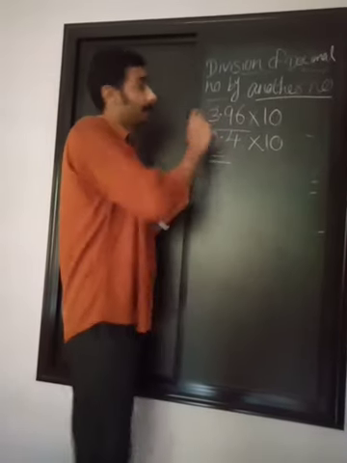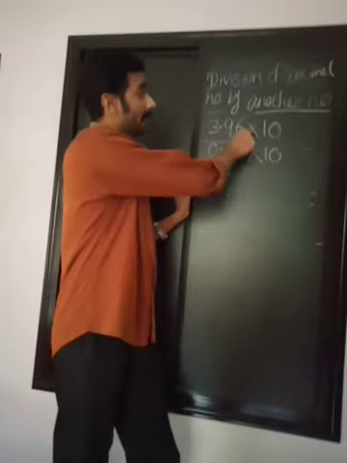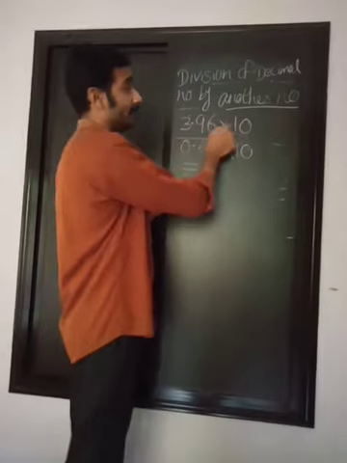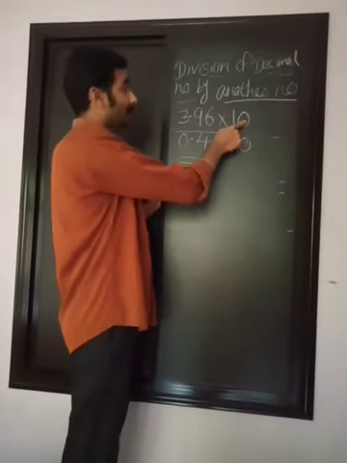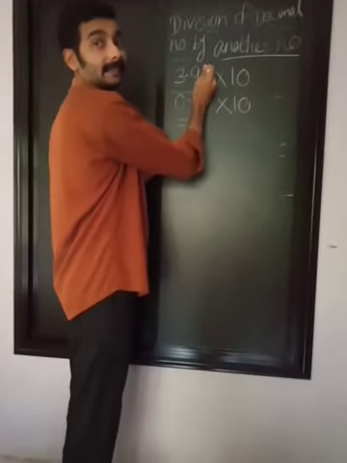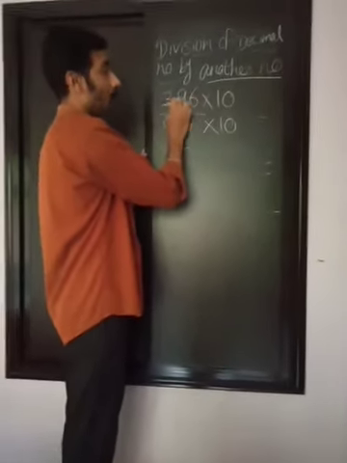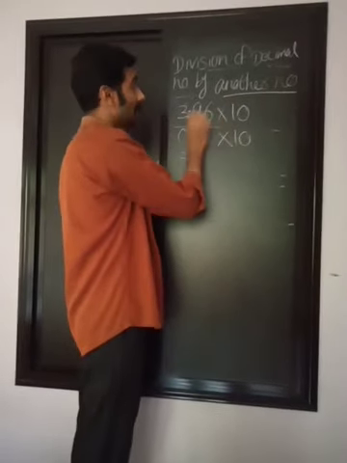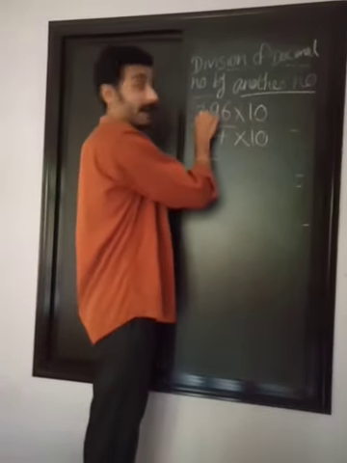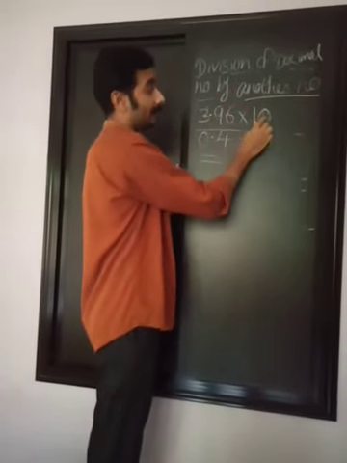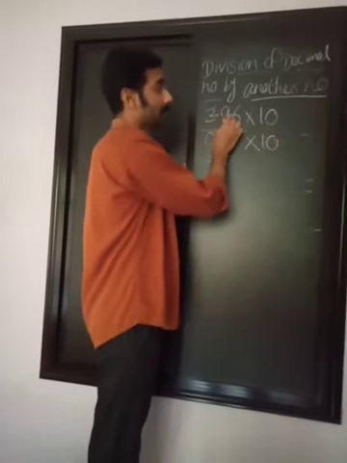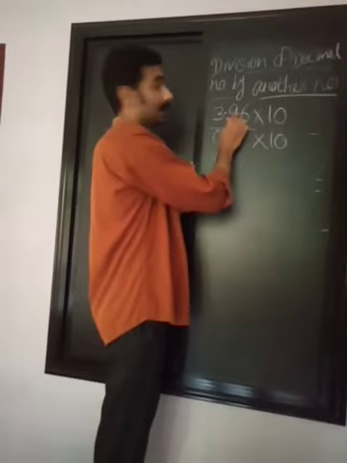In case of multiply by 10, 3.96 into 10. That means this point is moved to the right side. 3.96 into 10 means, in the case of 10, 100 or 1000, the point moves to the right. That means one point moves to the right side of the number.